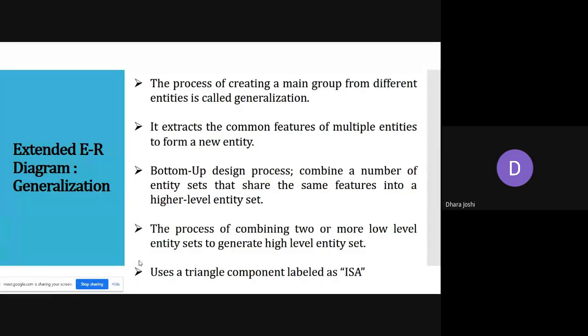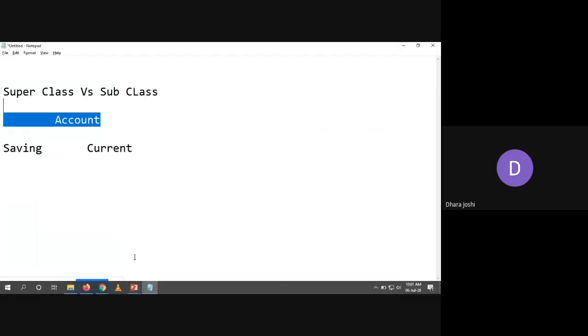Full-time employee and part-time employee are the subclasses, and the superclass is employee. So the process of creating the main group, where the common one is employee, is called generalization.